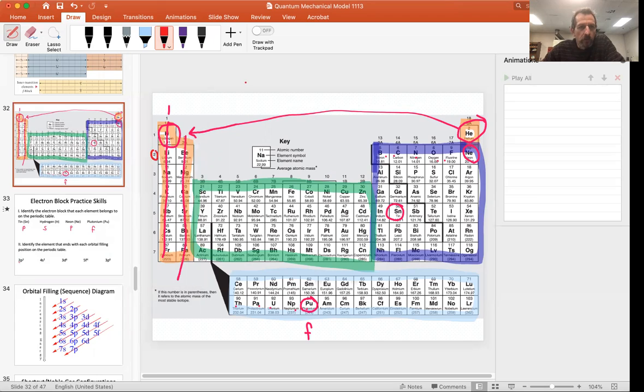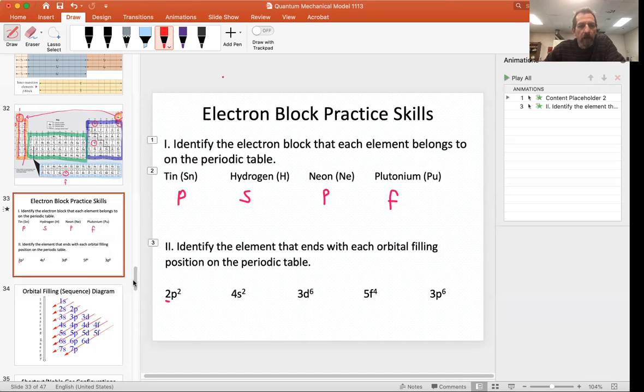We jump over to the P block, P1, P2. Oh, that's the 3rd energy level, folks. I should be looking at the 2nd. P1, P2. It's the element carbon. So 2p2 identifies the element carbon. That would be the last thing you would write for the configuration for carbon.